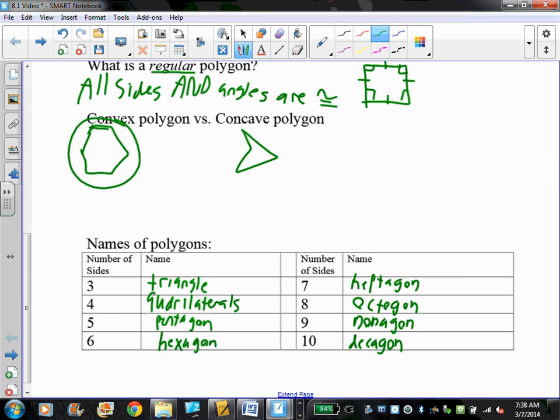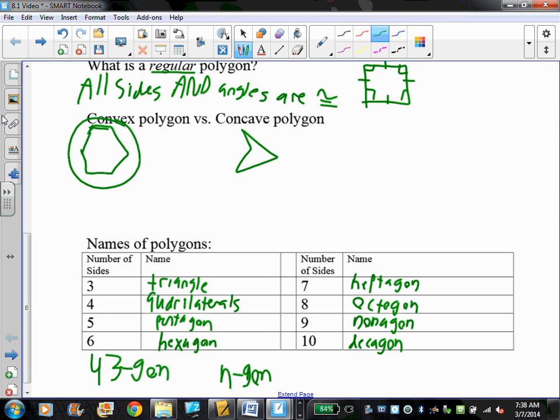Those are the names of those polygons based on the number of sides, and it would be good to know them. Once you get past there, typically we use the number, then a dash, then gon. Like if there were a 43-sided shape, we would call it a 43-gon. And if we don't know the number of sides yet, we usually call it an n-gon. So those are two other words to know.